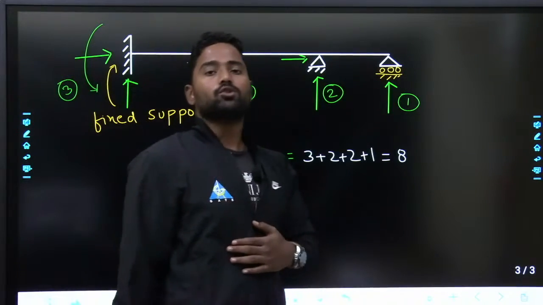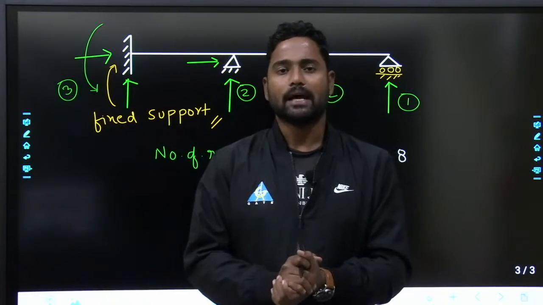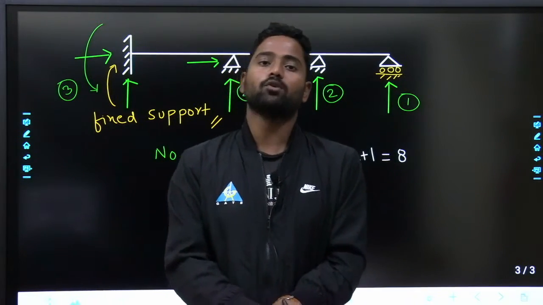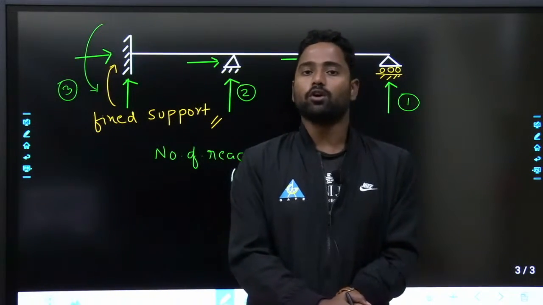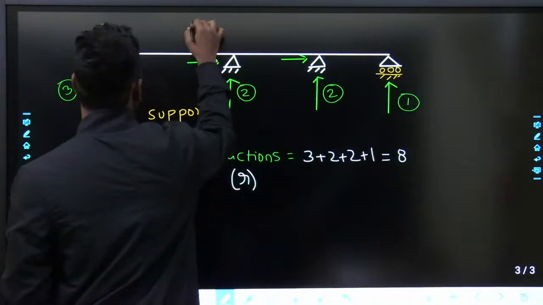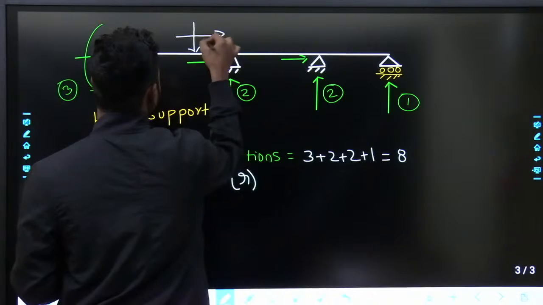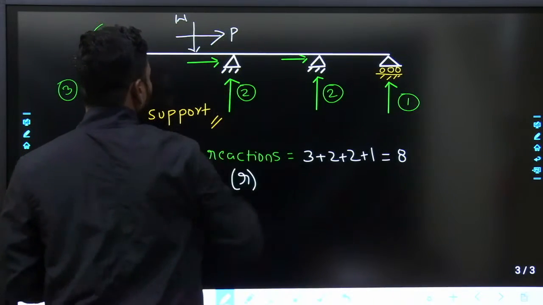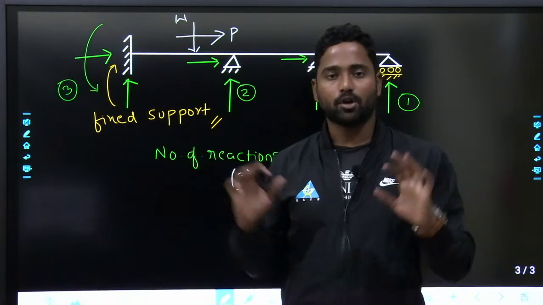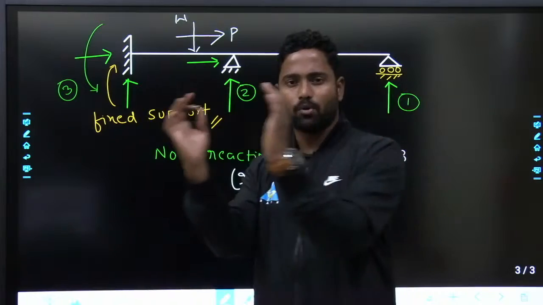Throughout my structural analysis and strength of materials, I will be discussing structures which are in equilibrium only. I am not going to discuss structures which are not in equilibrium. So this structure is in equilibrium after application of the loads, let us say loads like this, this is W, this is P. Because of the application of the forces, the structure is not moving, there is no rigid body movement.